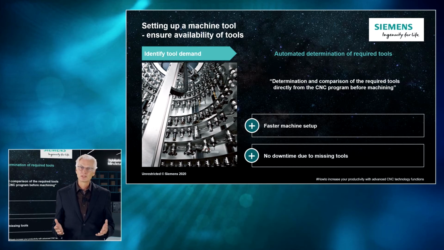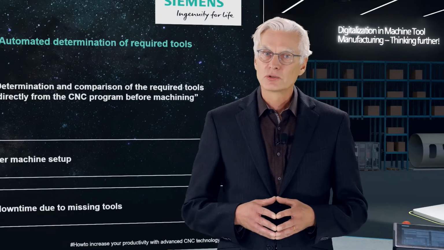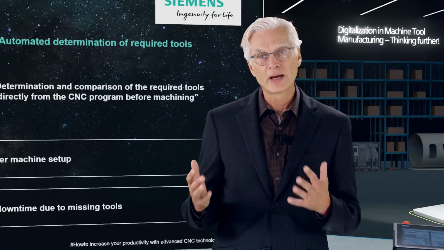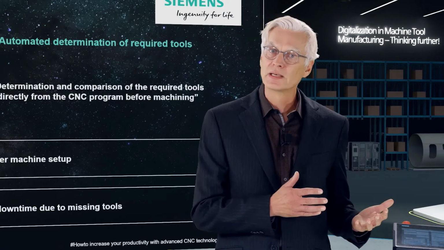If the part program is used on the machine a second time, the Numeric operator can check whether all required tools are available. The machine operator gets a list with the tool comparison and clear information on which tools are already loaded and which tools are missing and have to be loaded for machining. If production is rescheduled to another machine, the tool list will move together with the part program to the new machine.